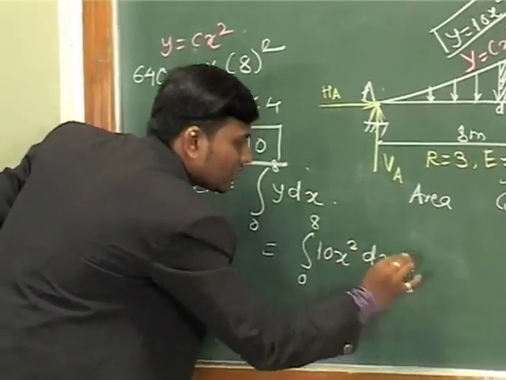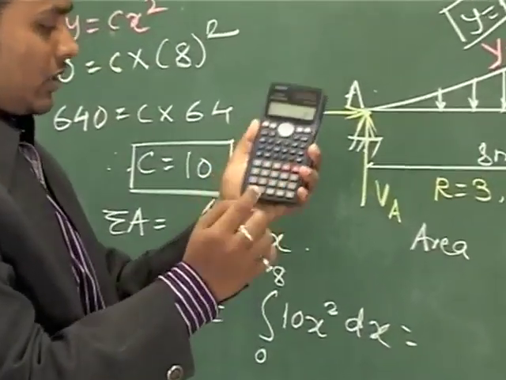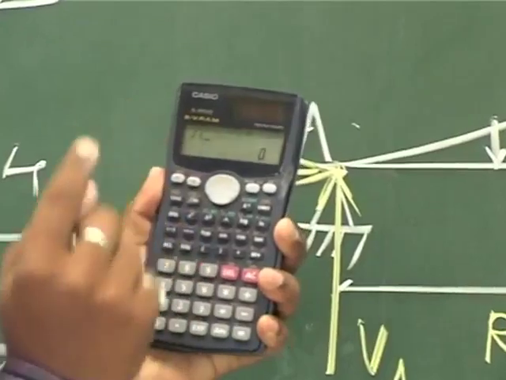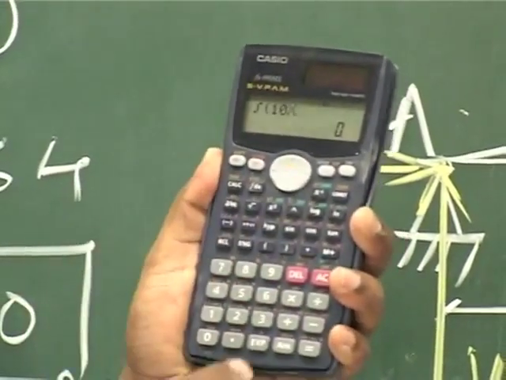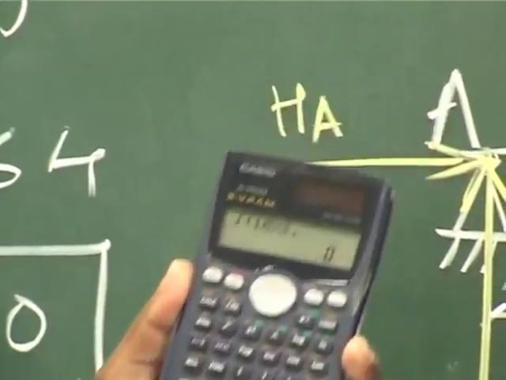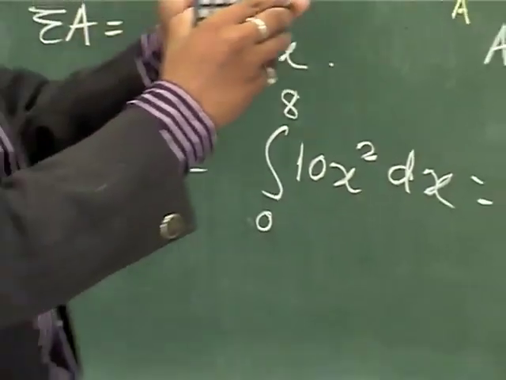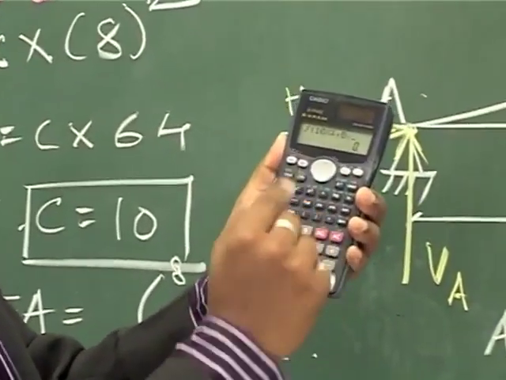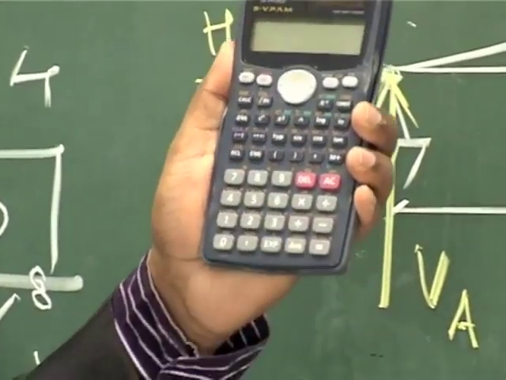With the help of a calculator, press the integration button, 10 alpha x square, comma, first the lower limit then the upper limit, 0 comma 8, complete the bracket and press the equal to sign.